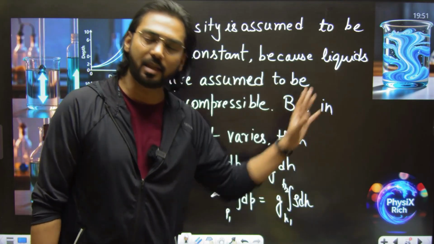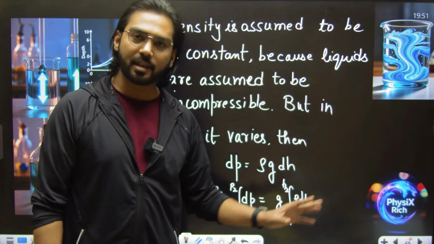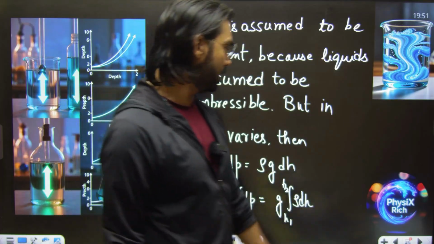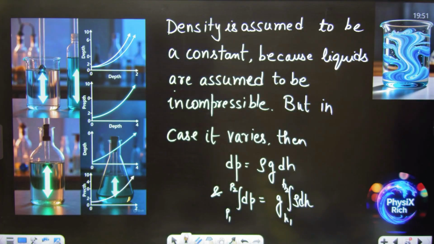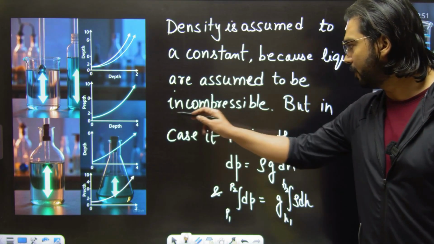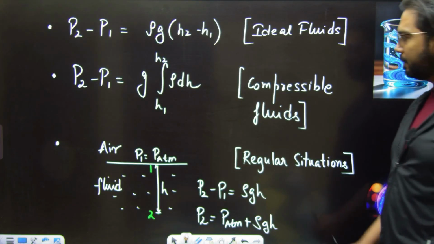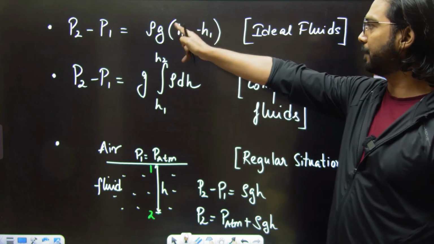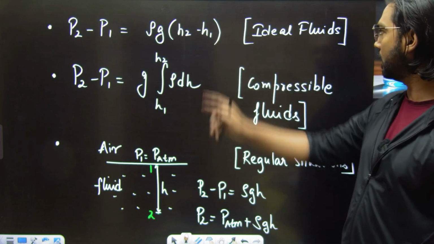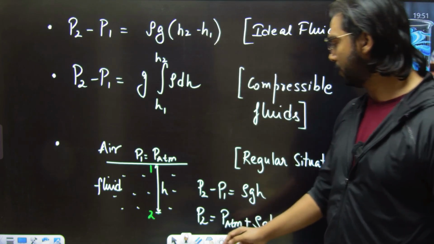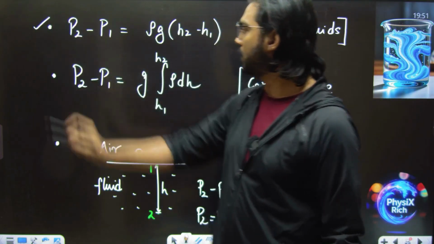But guys, again, a varying density is not likely to come in your exam, because they have explicitly said that we assume the fluids to be incompressible. Now you see that P2 minus P1 is rho g (h2 minus h1), which is what is going to be the useful part for us. This is the most useful thing for you.